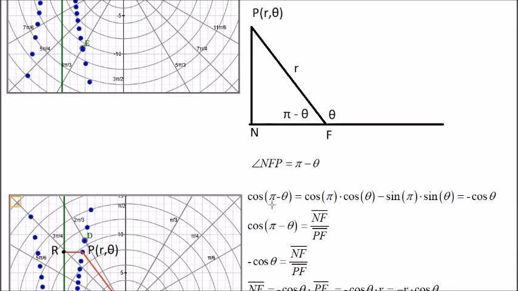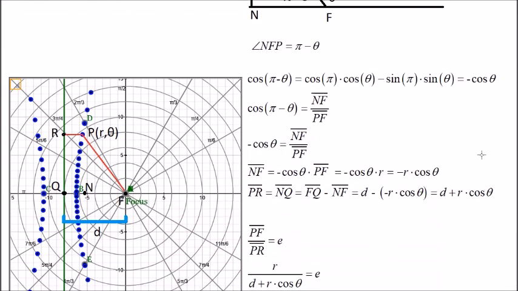From trigonometry, cosine of pi minus theta is negative cosine of theta. And so negative cosine of theta is equal to the length of NF divided by the length of PF.